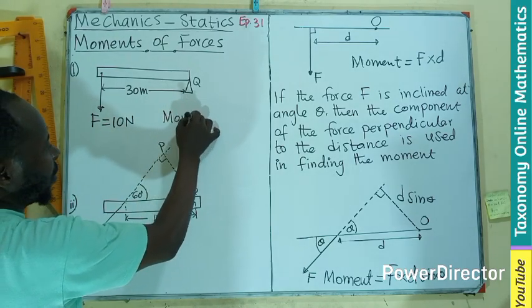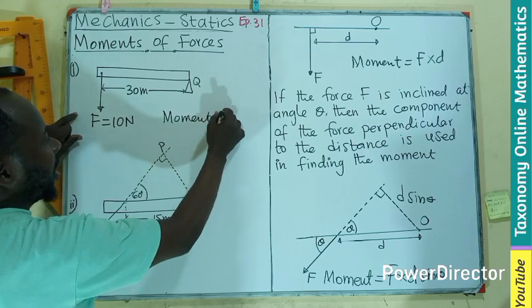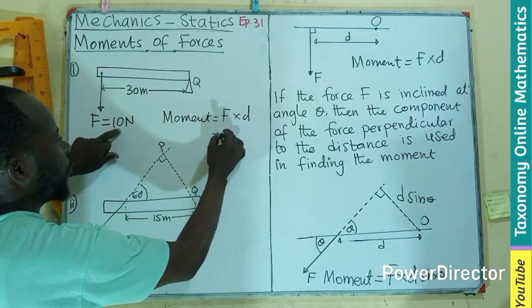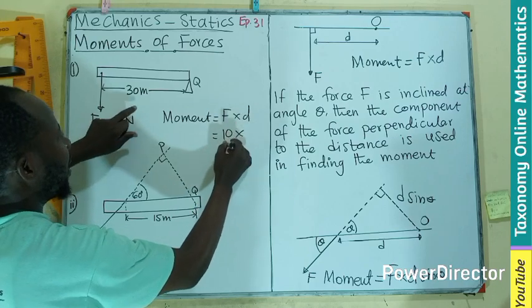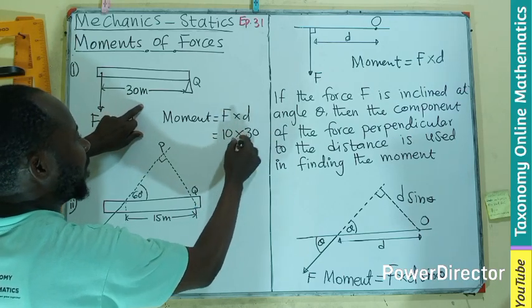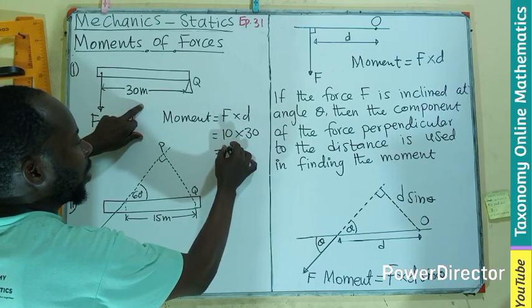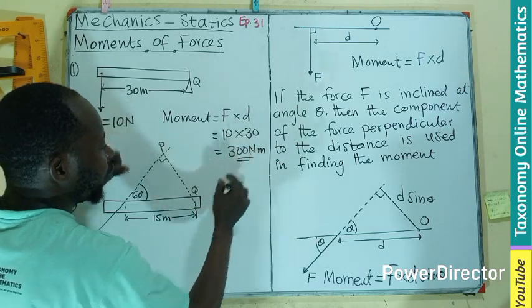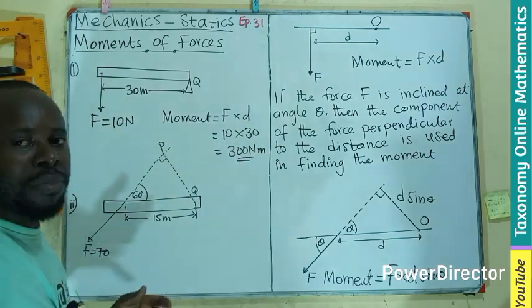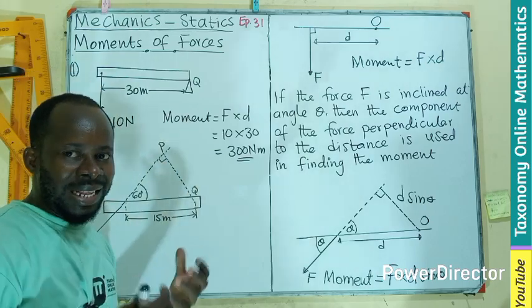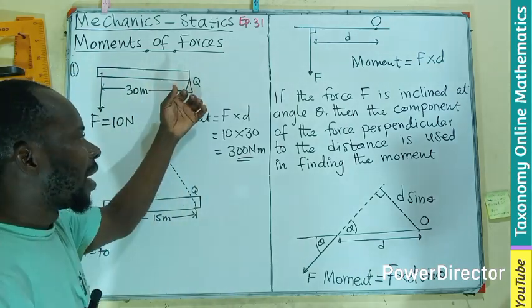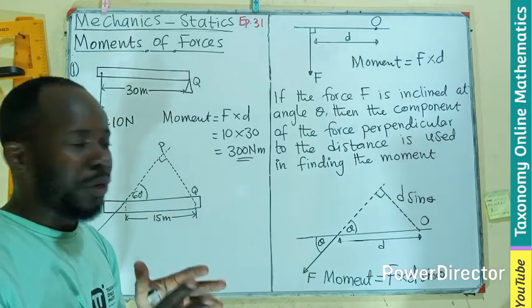So the moment will just be the force times the distance, which is force 10 Newton, the distance 30 meters. That will give you 300 Newton meter. So this will be the moment, which is the turning effect of the force applied on this rigid body.